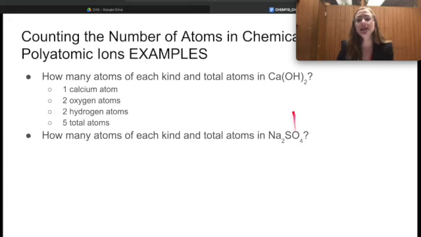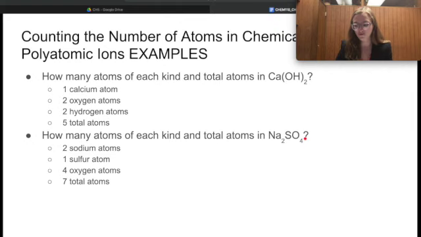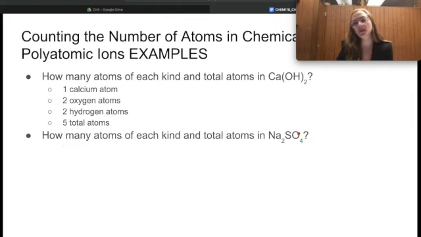And then the next thing I see is an O, the chemical symbol again for oxygen. I see that I have 4 oxygen atoms because I've got a subscript of 4 on the O. I don't see any parentheses or anything else, so I know I just have 4 oxygen atoms.